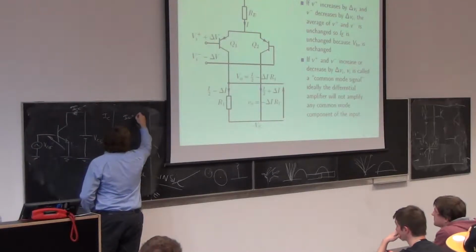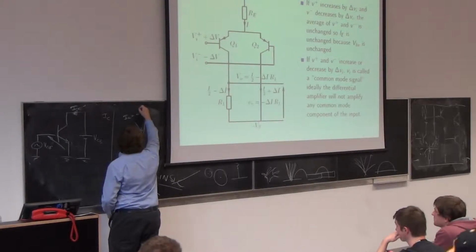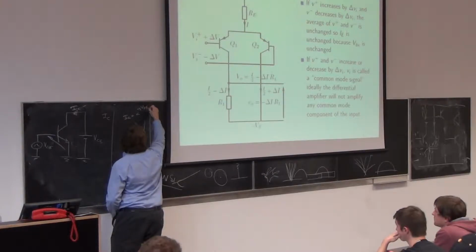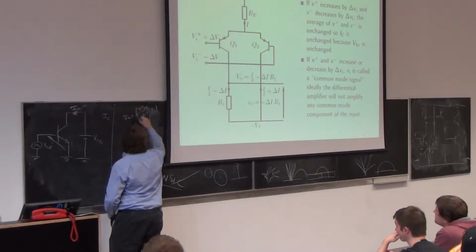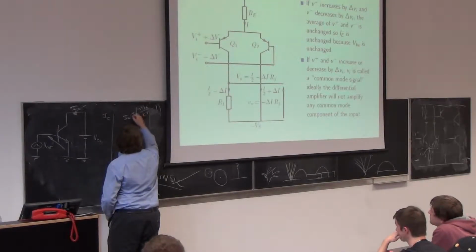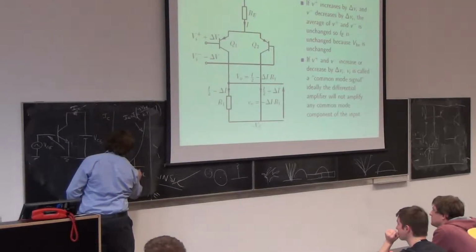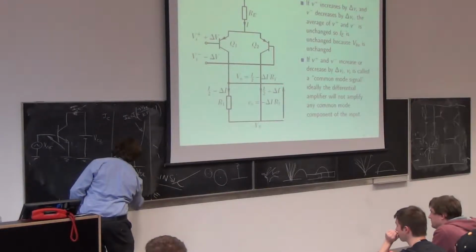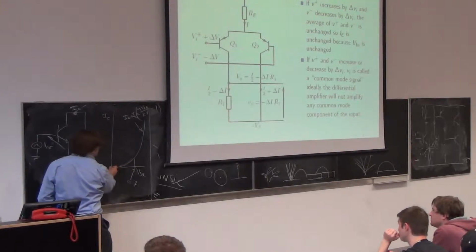IC is, where are we? IC0 times (e to the qVBE on kT minus 1). So this is exponential, and what we're saying is that I was here at 0.7, and I'm not going to move sufficiently far down this way to make this current very small.